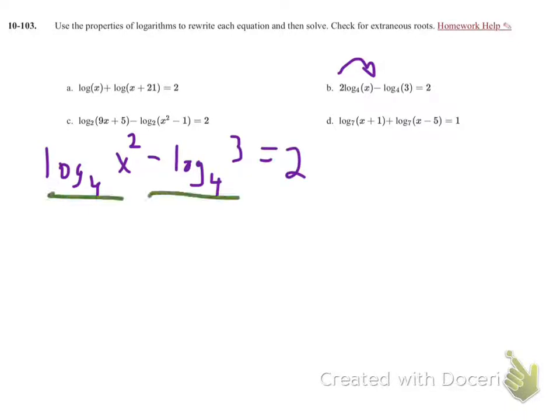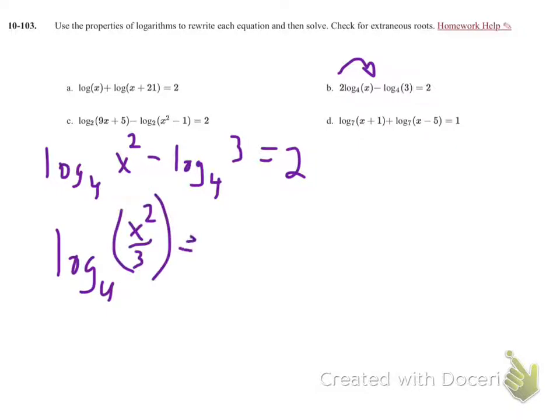Since I have the same base of my logarithms, I can combine these two. But now since it's a subtraction problem, instead of multiplying like I did in the last one, I will divide them. So I will write this as one logarithm. It will be log base 4 of x squared over 3 equals 2.